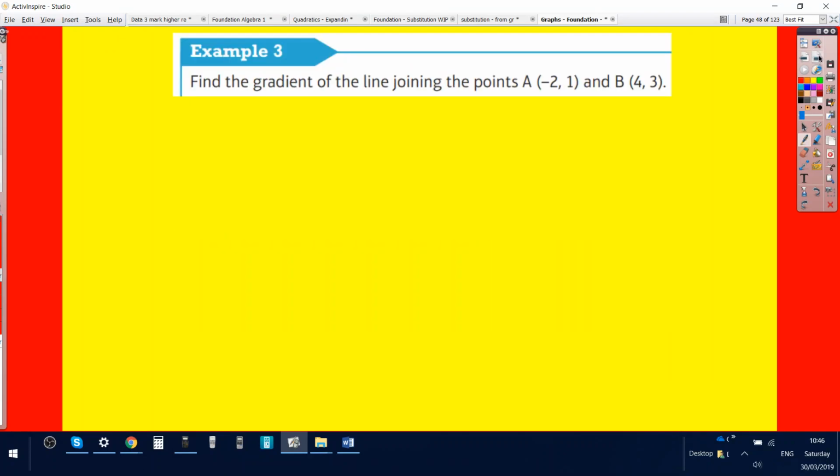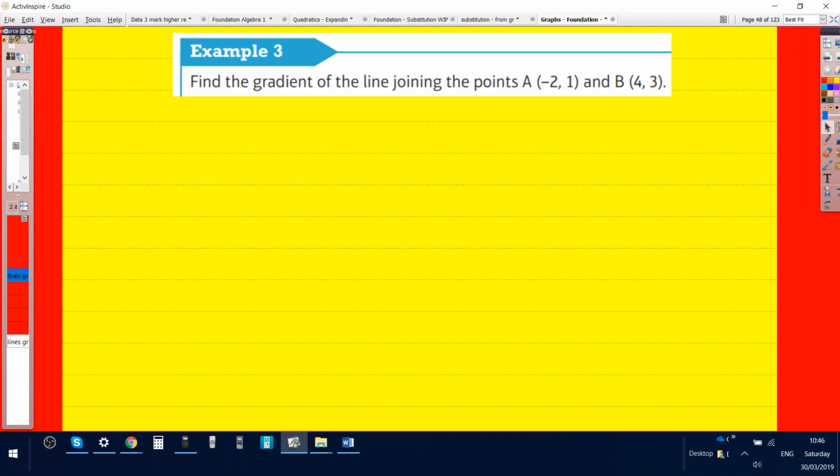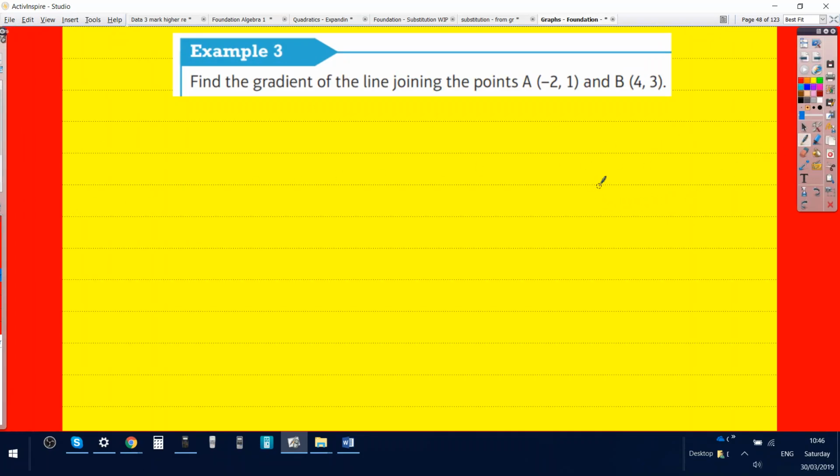Draw those graphs. How would you do this? Find the gradient of the line. So would you have to put it into the equations? So it'd be y equals minus. No. Oh, I'm not sure. So how do you find the gradient? It'd be what?